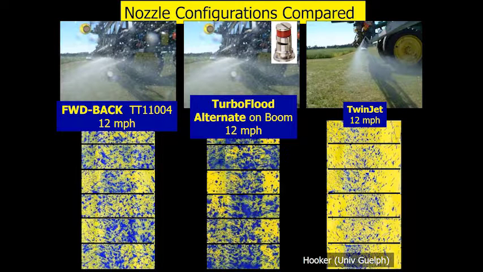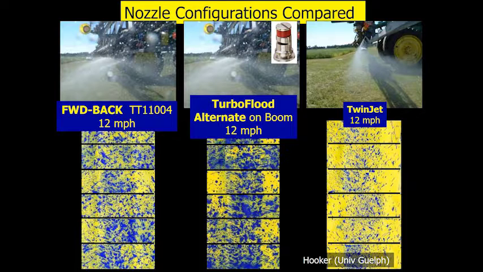So this is more expensive and harder to maintain, because the boom might hit the canopy and change the nozzle configuration a little on the forward-back. With the turbo flood jet, they're pretty much a fixed nozzle, so they'll stay pointed either forward or backward, even though the boom might go into the wheat crop. It might break off, but at least it would stay in the forward and backward position. So this one is about half the price in terms of equipping the sprayer compared to this one.